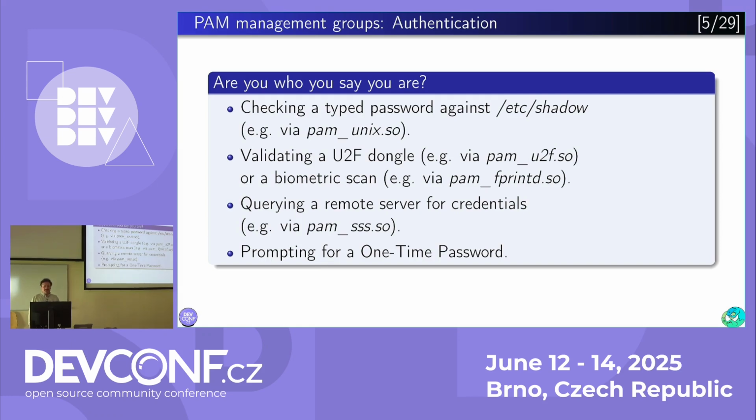The classic one is PAM Unix, but others are available, and I know that some distributions use different modules. Well, for validating a dongle, you could use specific modules for this, and also for biometric scans. There is a module to access an SSSD daemon, and there are a few modules, I think, for one-time passwords.